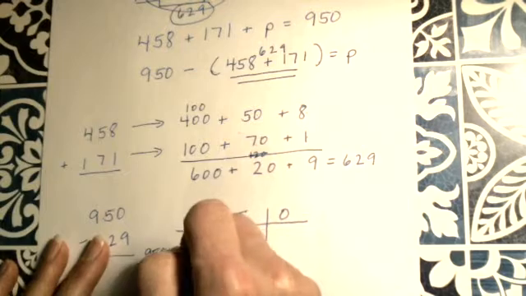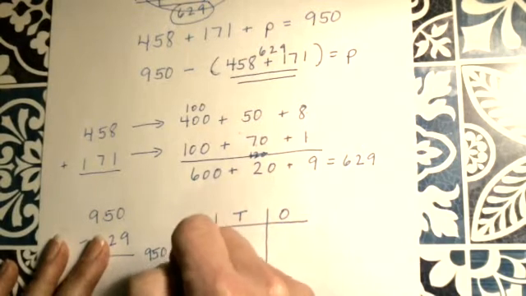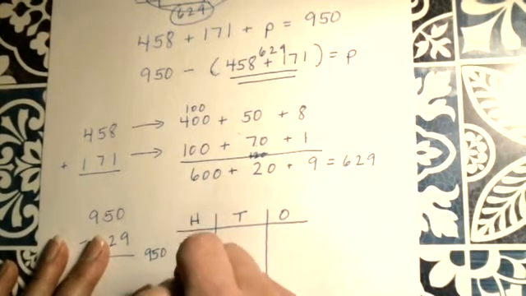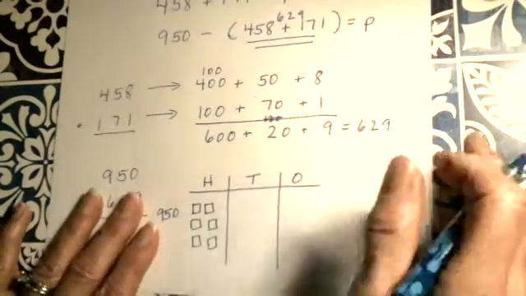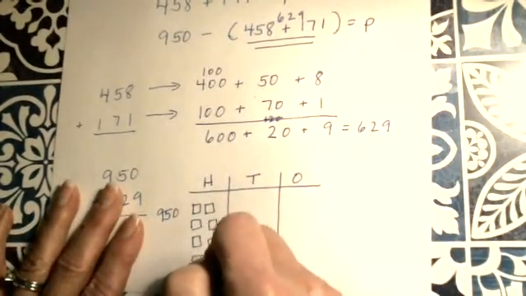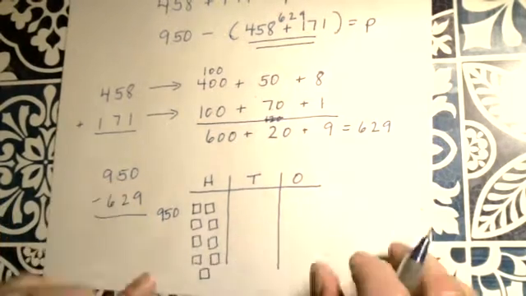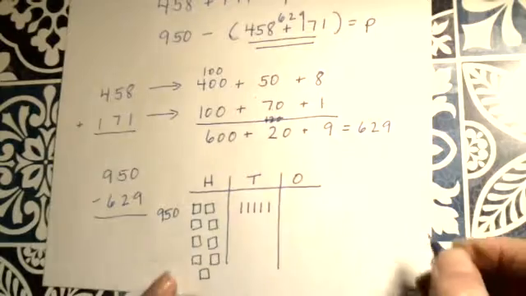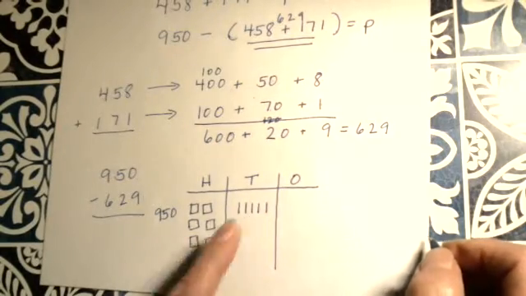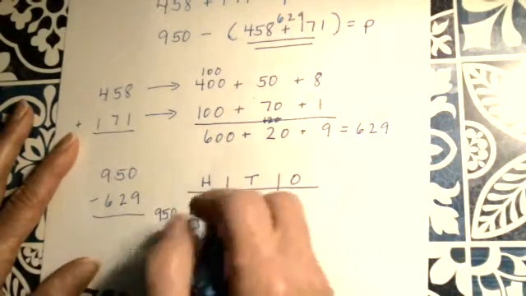That means I need 9 hundreds, 5 tens, and 0 ones, 950.